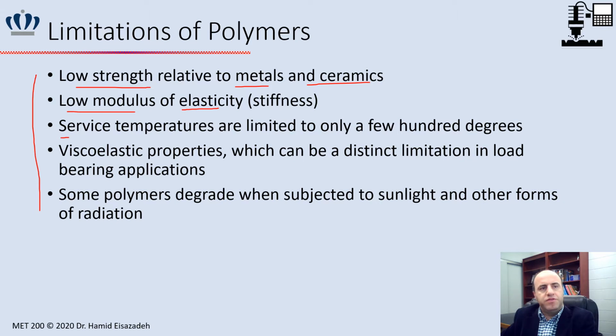And their service temperature is limited to 100 degrees Celsius. They have viscoelastic properties, not elastic properties. And another characteristic is that their properties degrade. The polymer material itself degrades when subjected to sunlight and other forms of radiation.